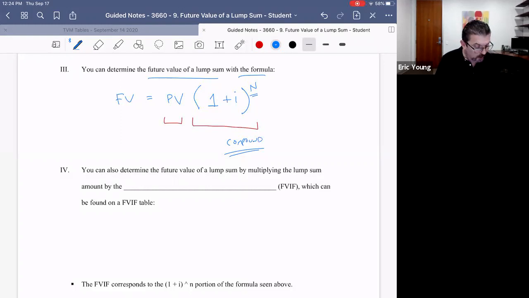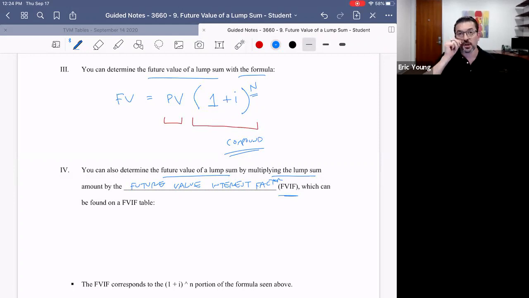Specifically, we can use the shortcut from what's called a table. That's the table method. We can determine the future value of a lump sum by multiplying the lump sum amount by what is known as the future value interest factor, also abbreviated to FVIF, and you can find this in a table.